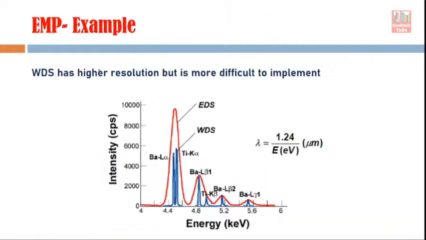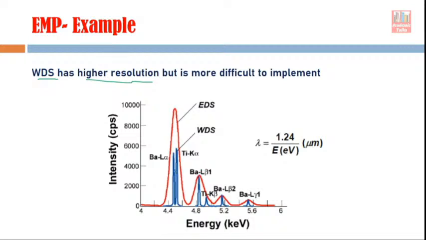Now you can see here, this WDS has higher resolution. The signal is plotted here as a function of energy. These signals, the red and blue, are obtained from the same sample.